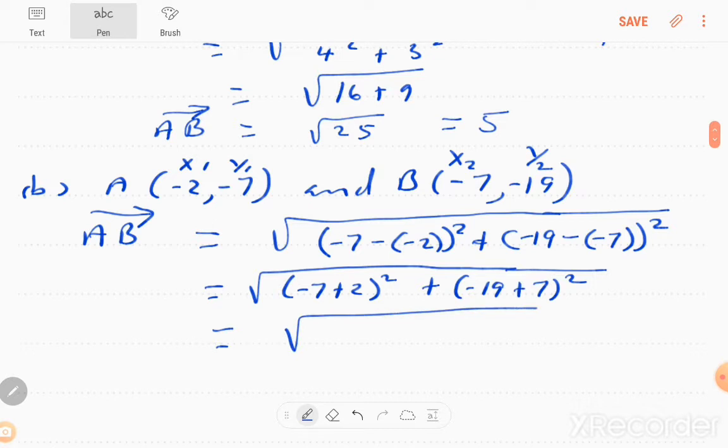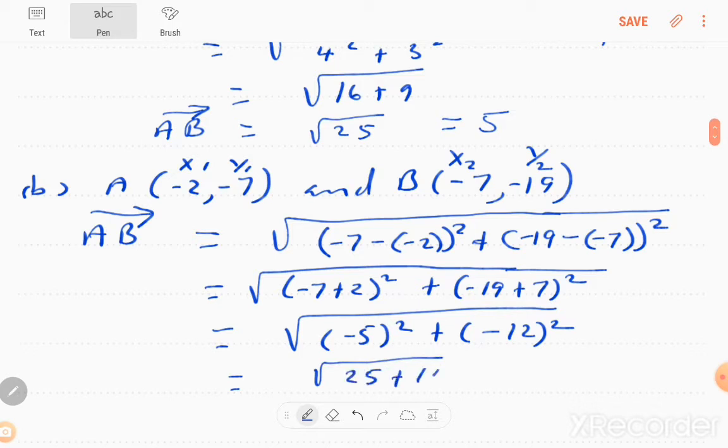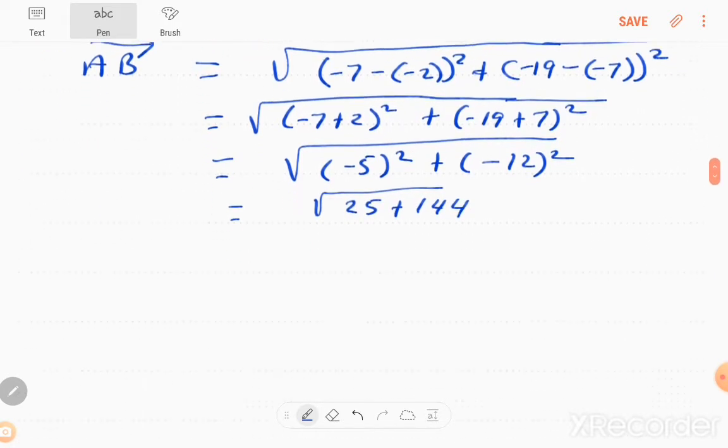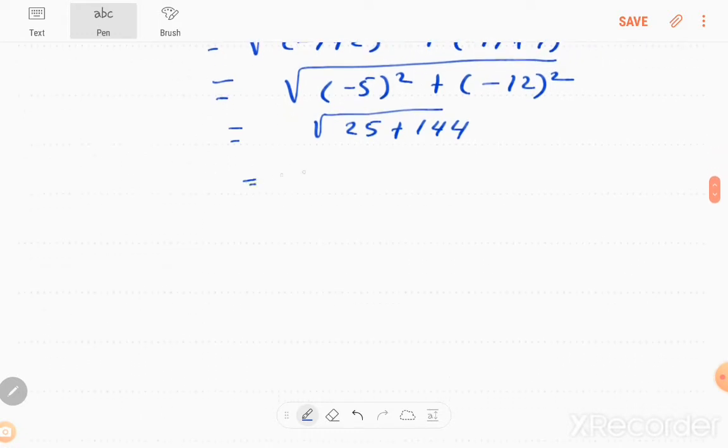So this would be (-5) squared plus (-12) squared. So this would be the square root of 25 plus 144, which would equal the square root of 169, which is equal to 13. So the distance from A to B is 13.